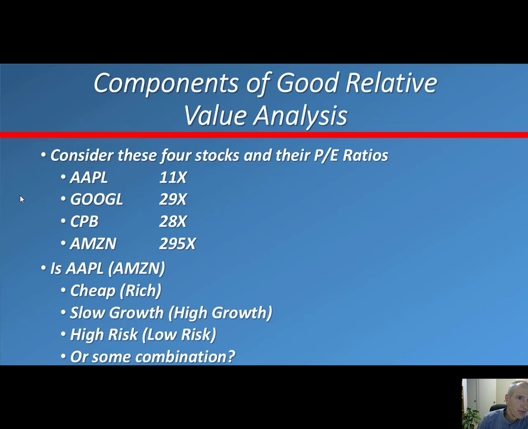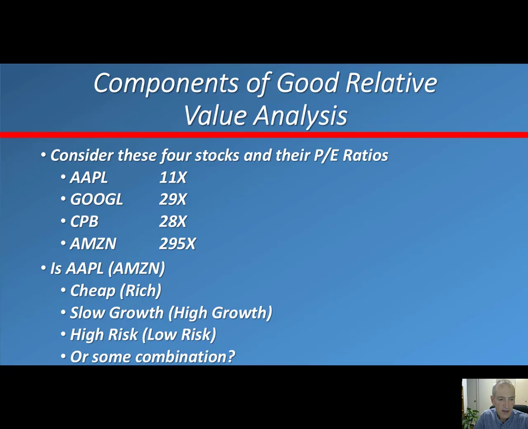I'll see if I can pull that up while I'm talking. So right now, Apple, obviously, is much higher than 11 today because they've done so well. Their actual PE ratio now is 35. So you probably wish you had bought Apple back when its PE ratio was 11.